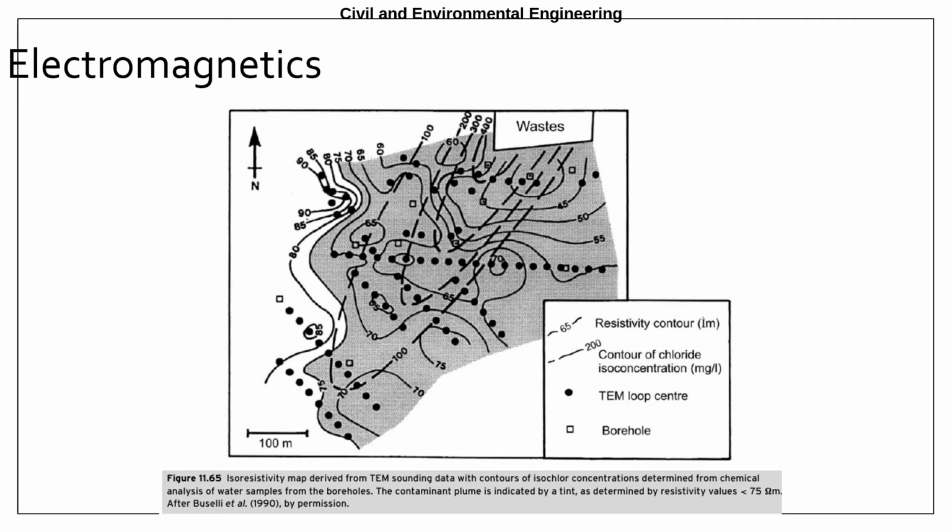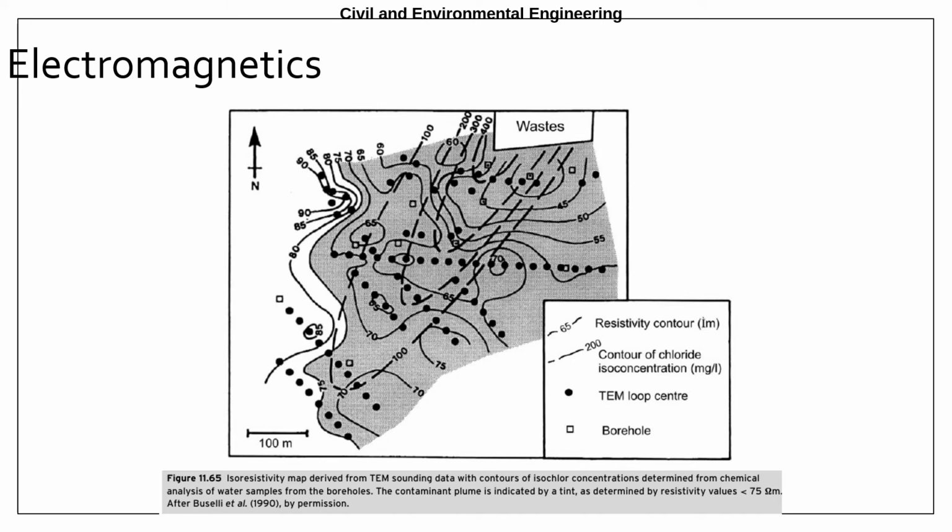All right. So going back to this figure, this is an exploration map, and they are looking for contaminants, particularly isochloride contaminants. Water that contains isochlorides has elevated concentrations of ions, and ions have high conductivity or low resistivity.